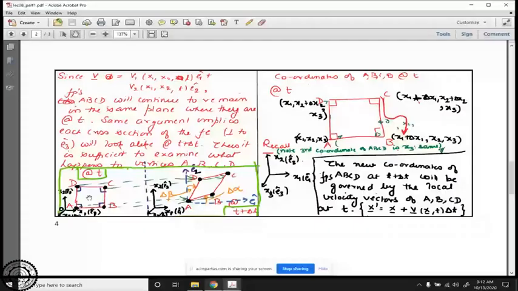They are lying in a plane which is parallel to the X1 E1, X2 E2 plane. A, B, C, D are at time t lying in that plane. Since there is no third component of velocity, at time t plus delta t also, they will remain in the same plane. There is no V3 that can force them out. So that thing we realize.